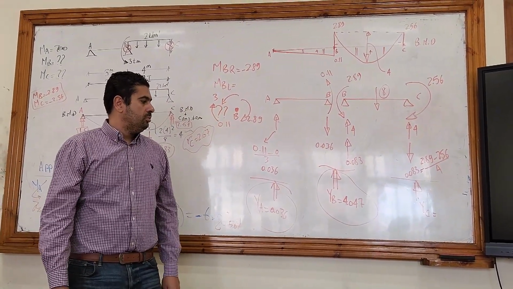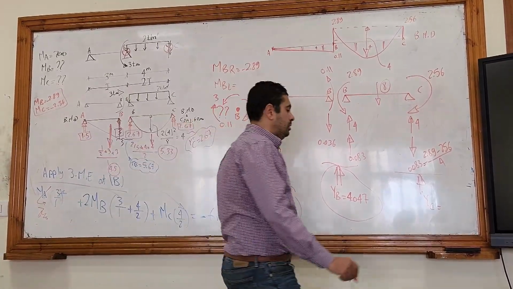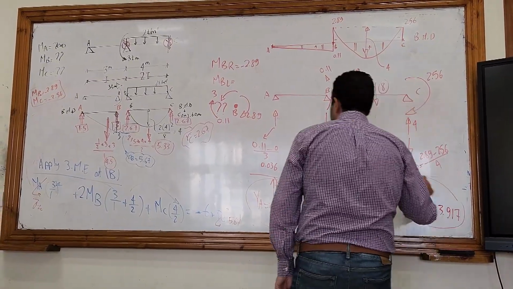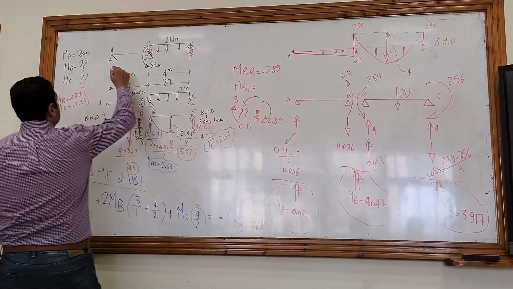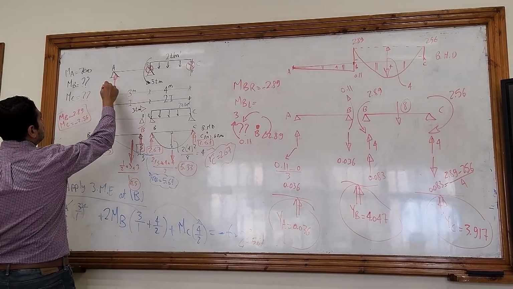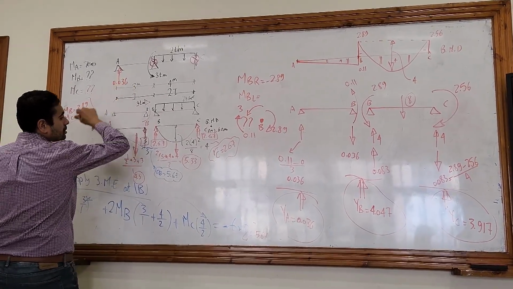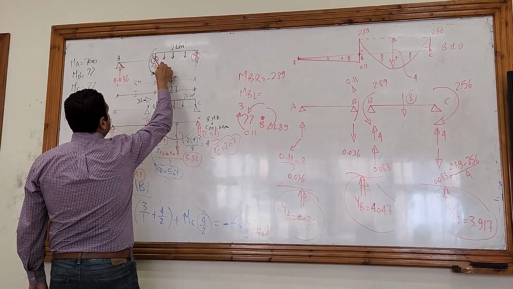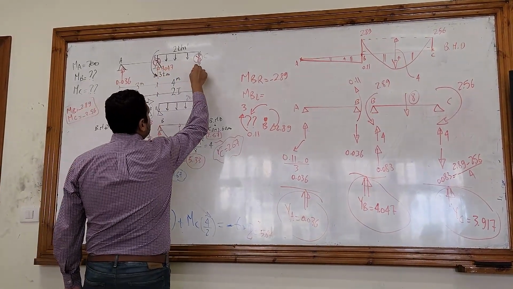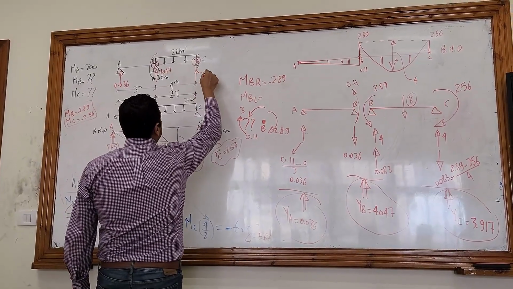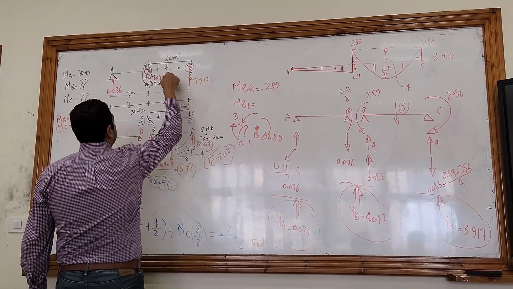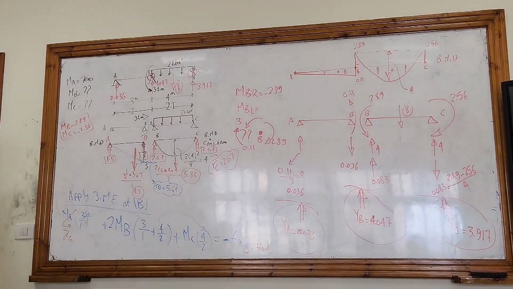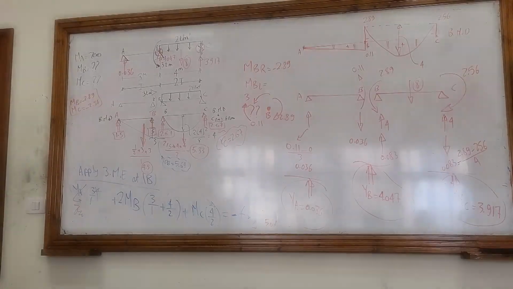So YC will be equal to 3.917. Then I will have to put the reactions here. YA 0.036, YB 4.047, YC 3.917, and here there is 2 times 4, 8, and now I can draw the shear force.